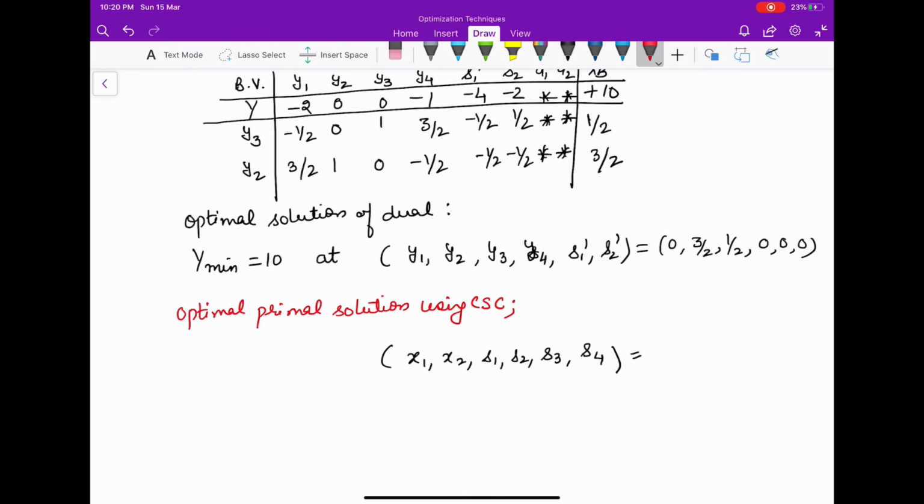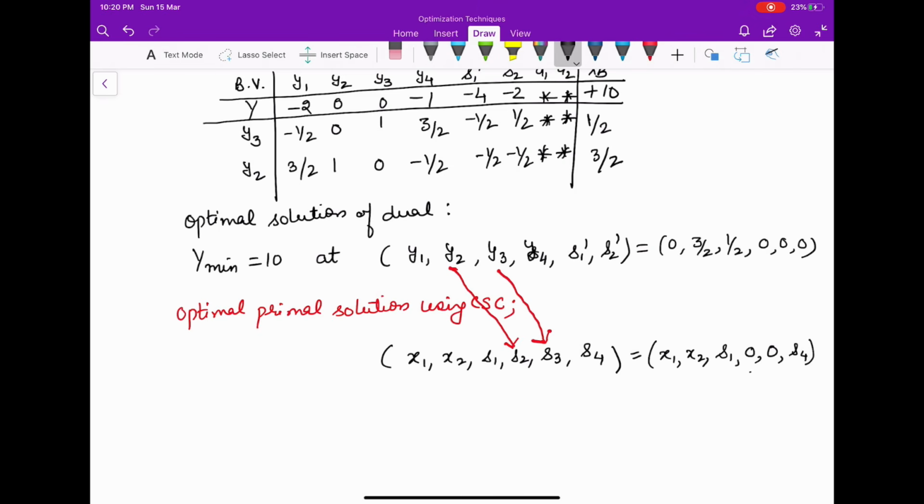Now because y2 is a basic variable, this means my corresponding second decision variable s2 will be 0. y3 is a basic variable, so the corresponding s3 is 0. So you substitute these values x1, x2, s1. Now s2 is 0, s3 is 0, and we need to know what is s4.